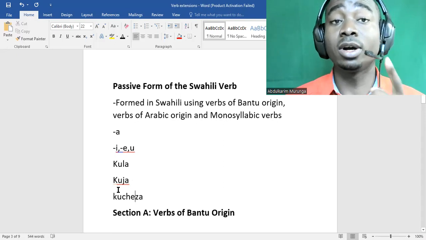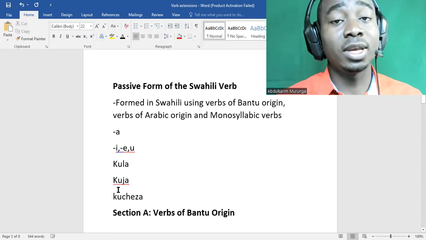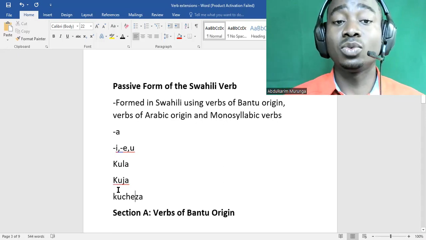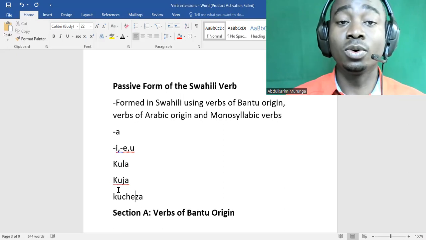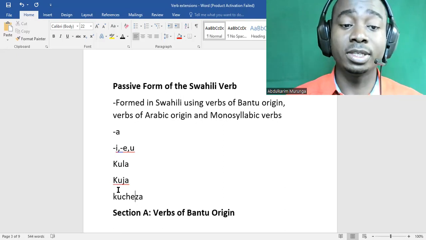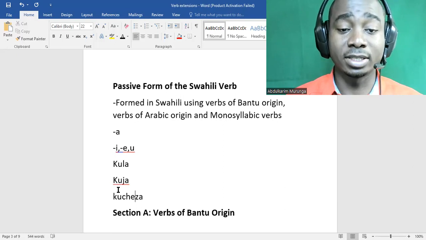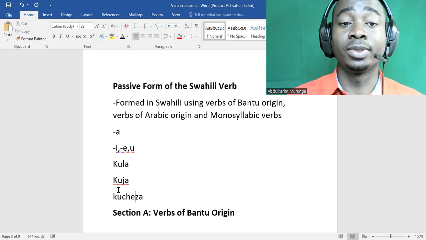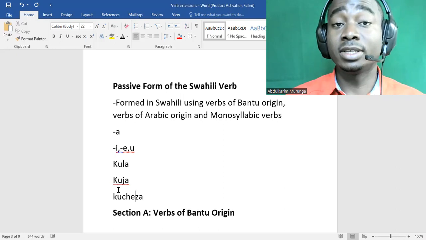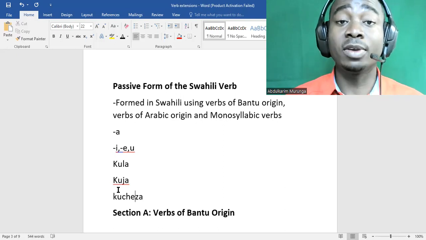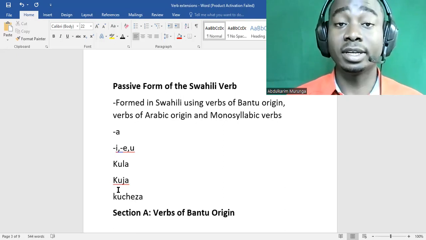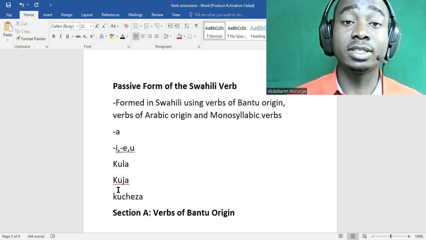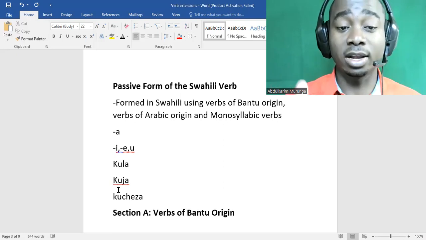That is 1 syllable, and it doesn't make any sense unless it's attached to other prefixes. In our case, the ku steps in to help this monosyllabic verb to make some sense. There are some instances where this ku is omitted in monosyllabic verbs, and there are also some instances where this ku is retained. And I discussed that in one of the videos. I'll leave the link.